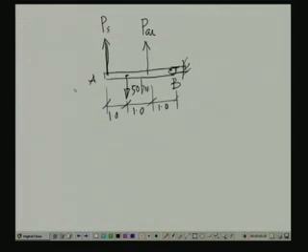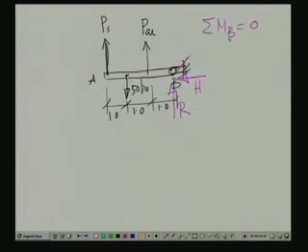Now, if we take off even this pin, we will have the reactive components, the vertical force and the horizontal force. Let us call these R and H. Since we are not interested in evaluating R and H, but in Ps and P aluminum, because we would like to find out how much force these rods will be subjected to, let us take the moments of all these forces about point B. So, the summation of moments about B is equal to 0.